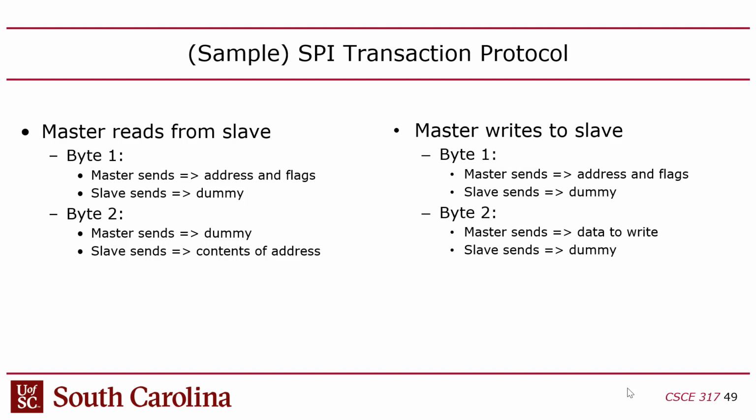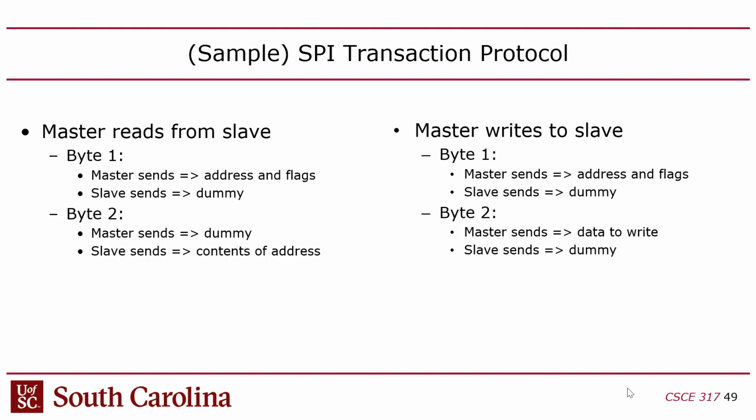Then in the second exchange, the second byte, if it's a read, the master sends a dummy byte, and the slave sends the response from the read, the data being read, back on the backwards channel. So again, I'm only really using half my bandwidth here, because in the first exchange one side was dead, and in the second exchange the other side was dead.